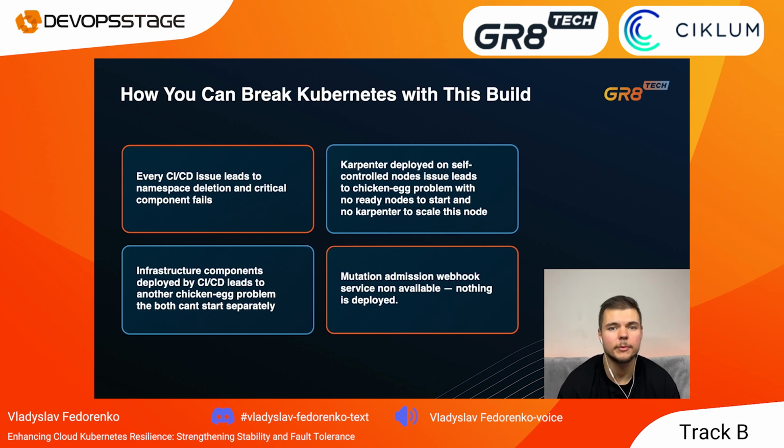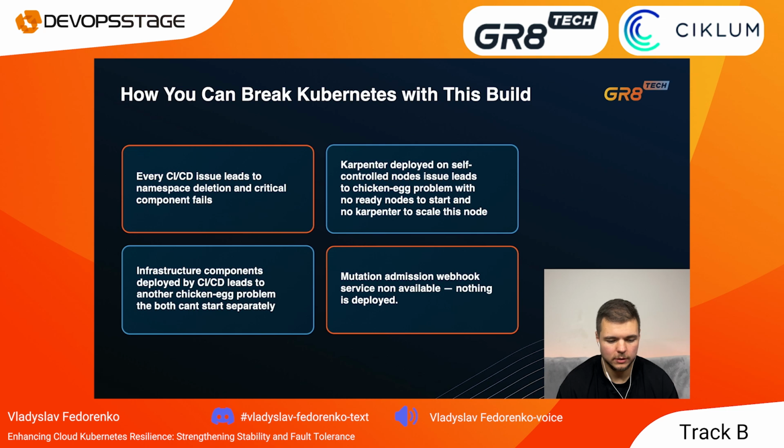Secondly, we want a separate node pool to run all our infrastructure components, including Karpenter. During the disaster, we didn't have one, we just had a Fargate node, which was used for different workloads, and thank God we had it, so we were able to fix everything quickly enough.